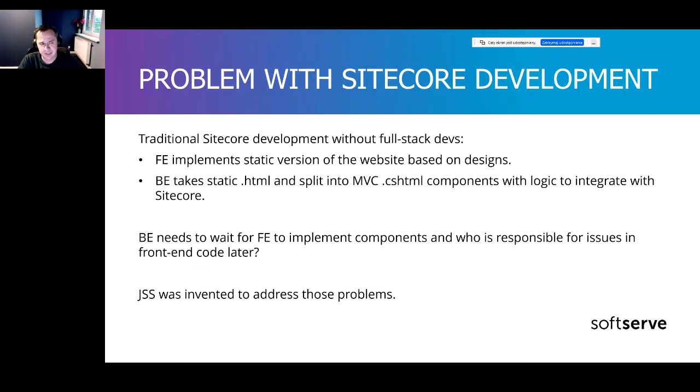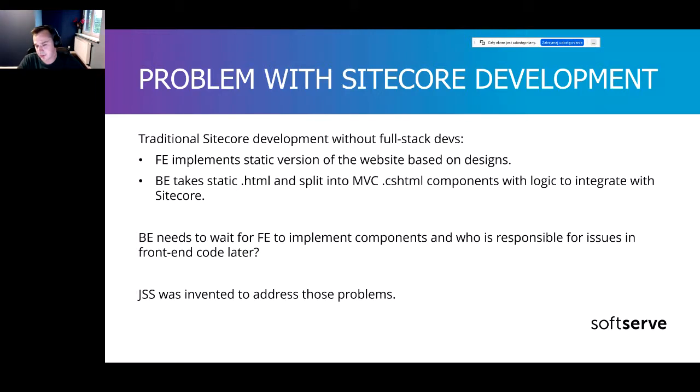Then there is another iteration, where the backend developers take the static HTML and split it into MVC components with the logic to integrate with Sitecore to read the data from the fields. But this approach has, I think, a huge drawback: the backend developers need to wait for the front-end to implement those static components.